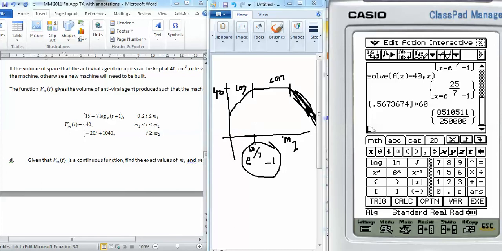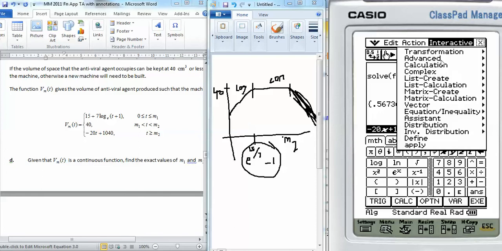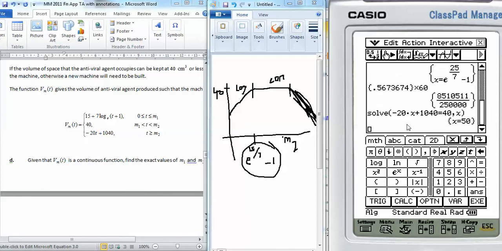So if I kick into minus 20x plus 1040 equals 40, and I solve that for x, that tells me at time 50. So m2 equals 50, m1 equals e to the 25 on 7 minus 1.